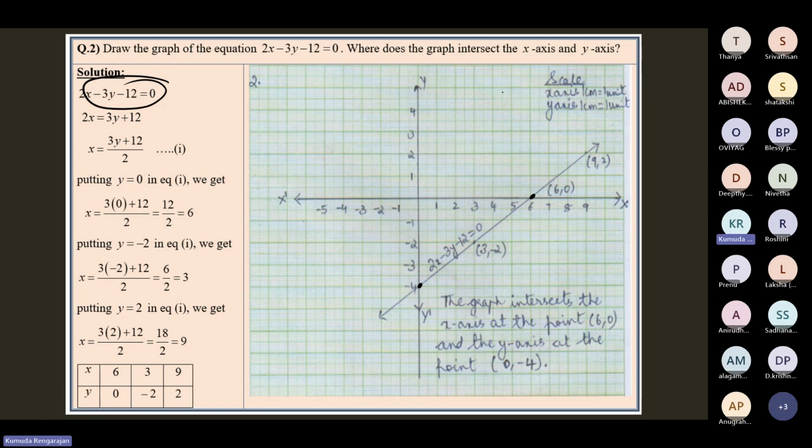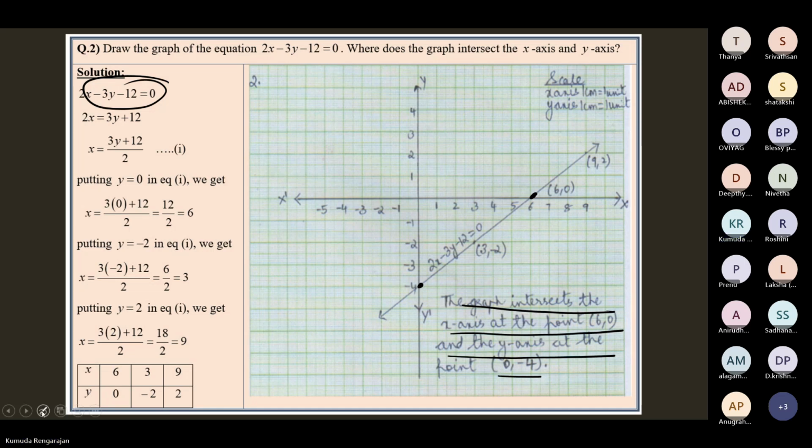So where does it intersect the x-axis? At 6, 0, and the y-axis at 0, -4. So the graph intersects the x-axis at the point 6, 0, and the y-axis at the point 0, -4.